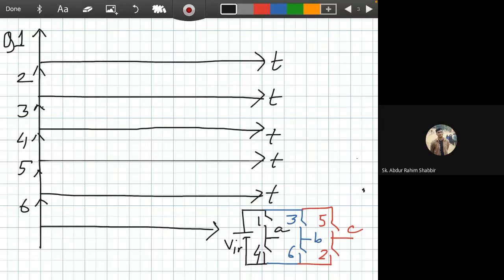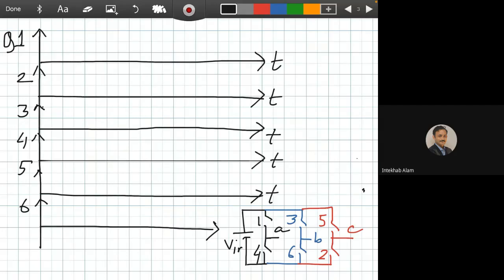Yes. So actually 1 and 4 must be in invert logic. 3 and 6 must be in invert logic. 5 and 2 must be in invert logic. So first we are considering that the first 180 degree will conduct from switch 1, then the next 180 degree will conduct from switch 4.